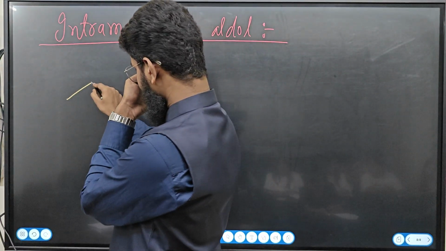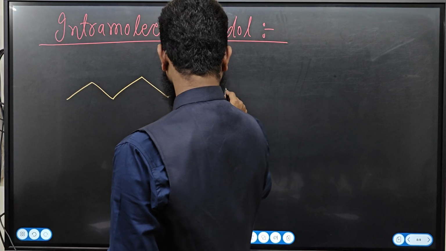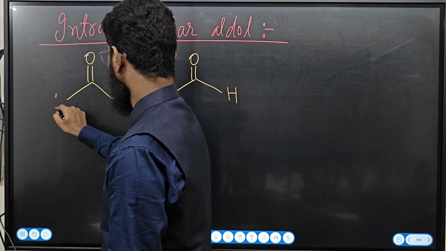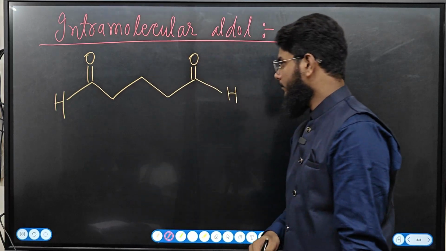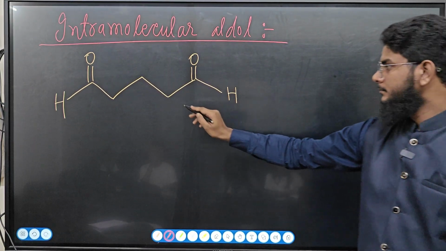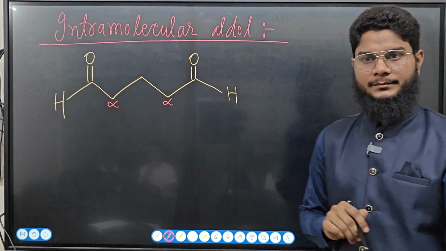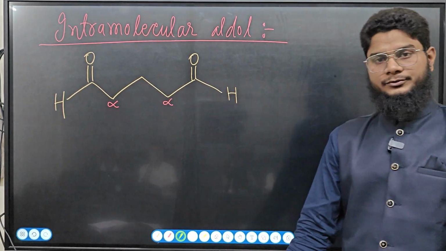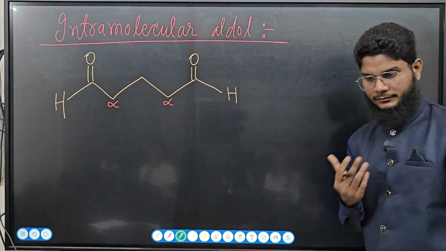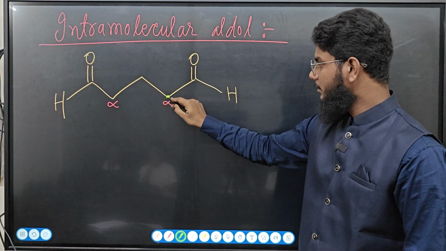So consider this molecule having alpha hydrogen. Yes or no? This is your alpha carbon and this is also your alpha carbon. Now you have to choose which alpha we need. Suppose we take this alpha hydrogen.